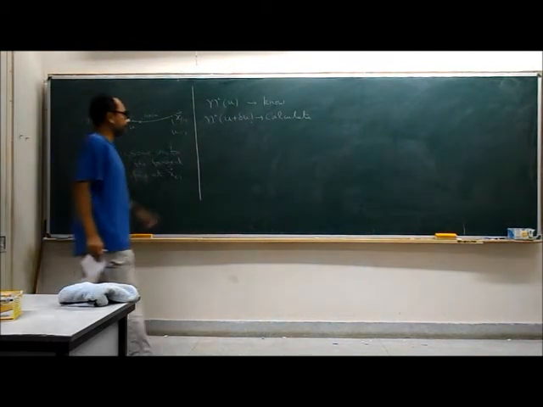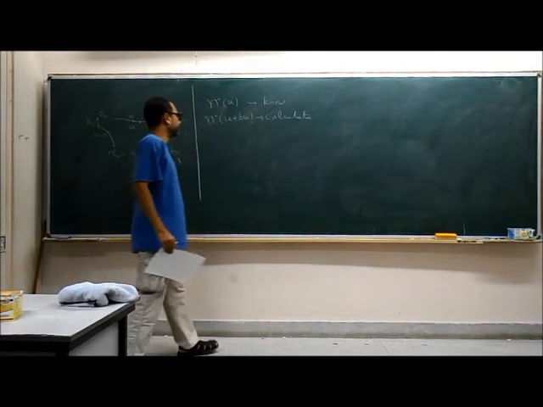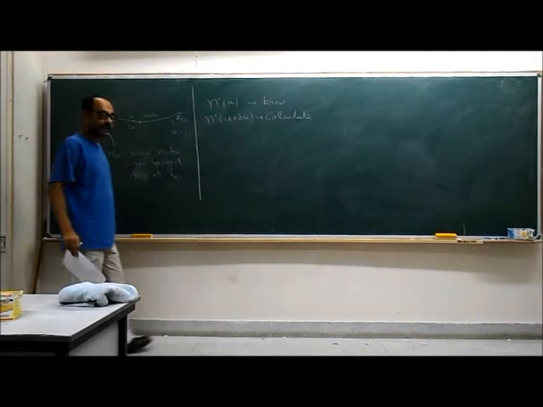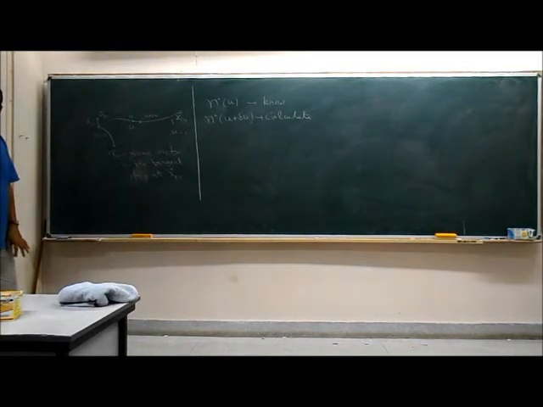Now what we said last time is that to even define what we mean by parallel transport, we go to a special coordinate system in which the first derivative of the metric vanishes.